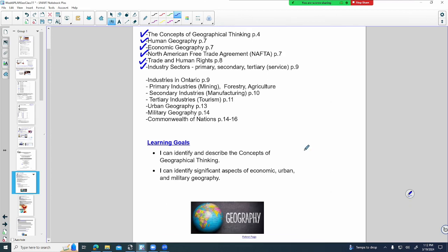Learning goals, what you will learn for lesson 1 is I can identify and describe the concepts of geographical thinking, and I can identify significant aspects of economic, urban, and military geography. Okay, so just keep in mind we are looking at human geography.